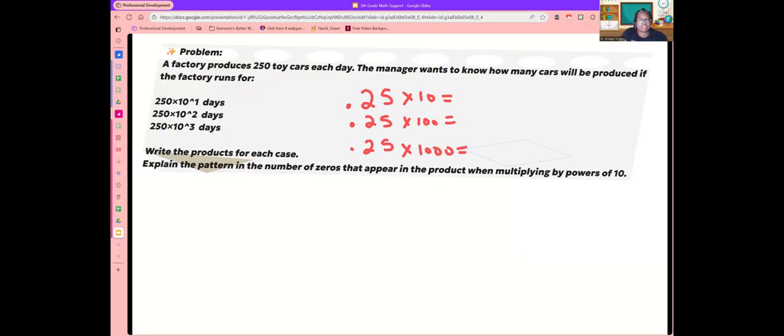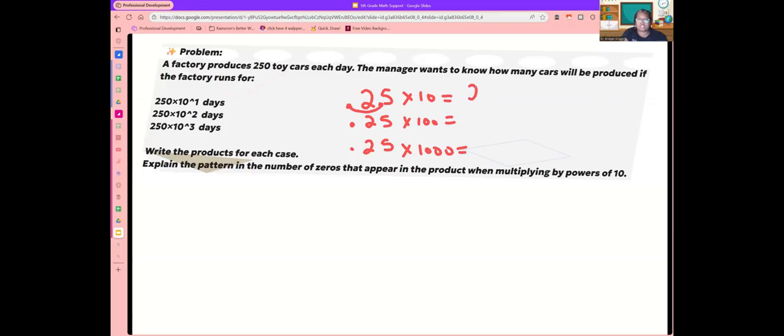So just like we added zeros when we were multiplying by those powers of 10, now for decimals, we move the decimal place, however many zeros we have, to the right because we're making our number larger because we're multiplying. So that means this one has 1 zero, so it's going to move 1 decimal place.